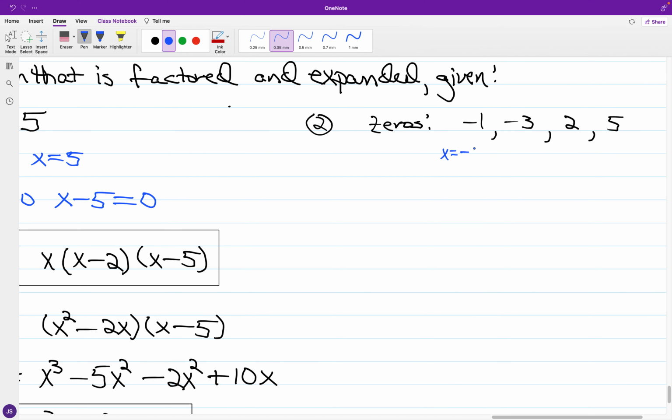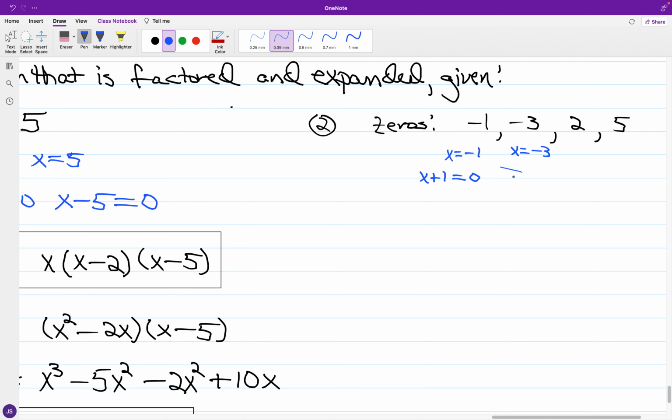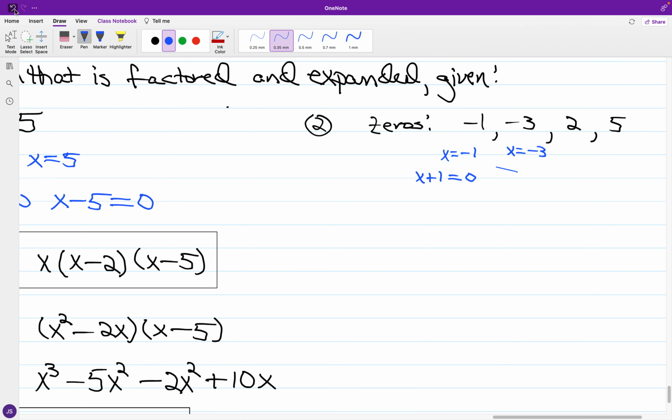It's like we have x equal to negative 1. We say this comes from setting x plus 1 equal to 0. For x equal to negative 3, this will come from setting x plus 3 equal to 0.